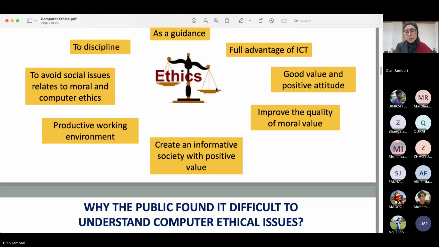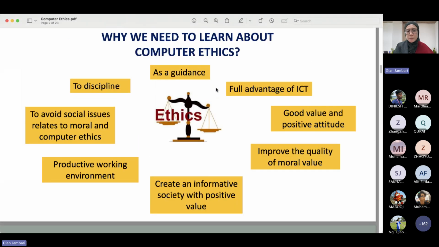We also need to learn computer ethics because it brings benefits to us individually, internally, in that it improves our quality of moral value, specifically when we are dealing with the computing field.